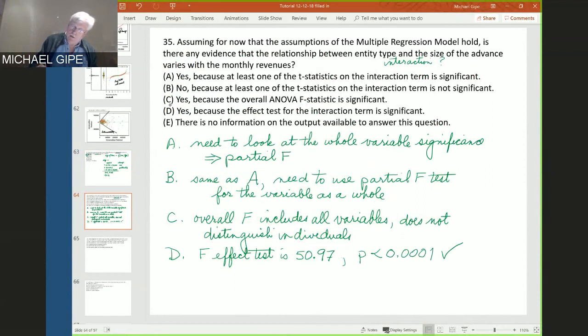So that is a good answer. How about E? There's no information on the output available to answer this question. Wrong.